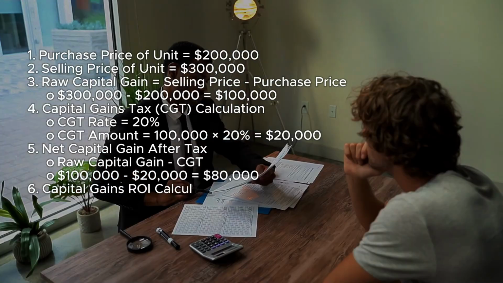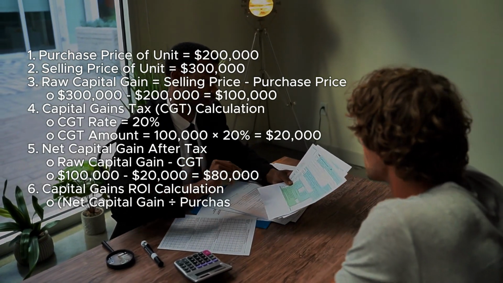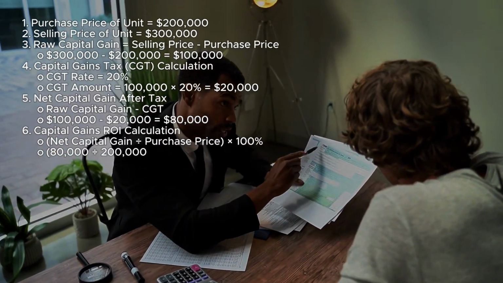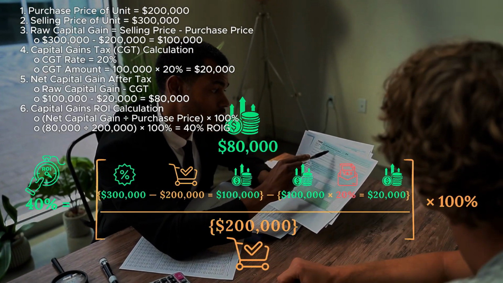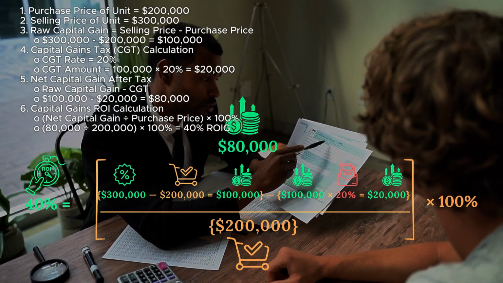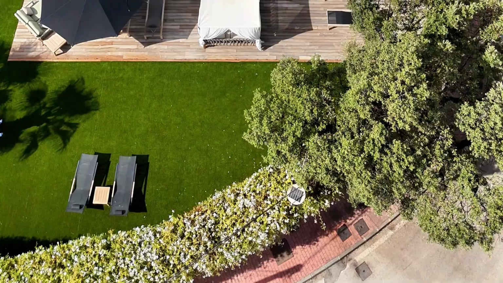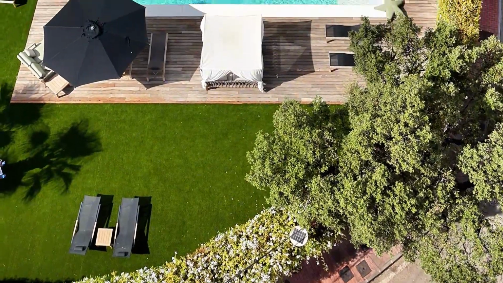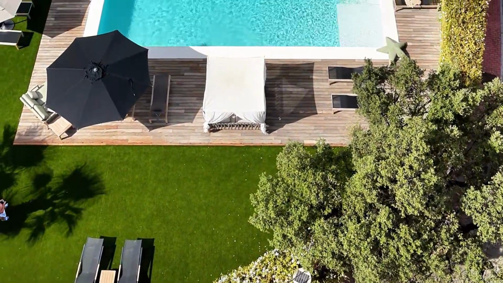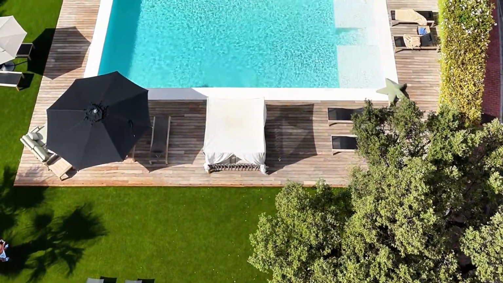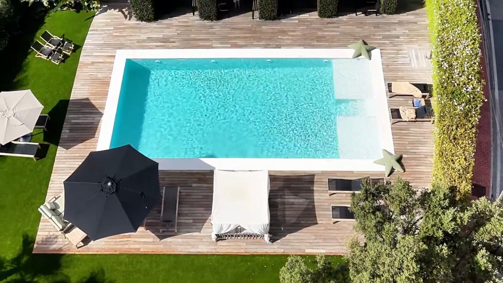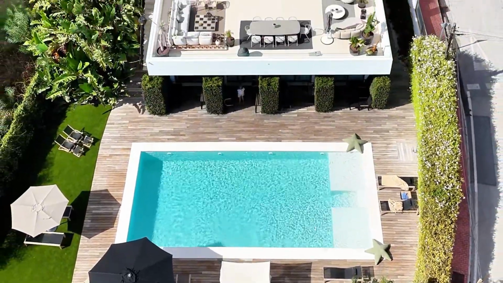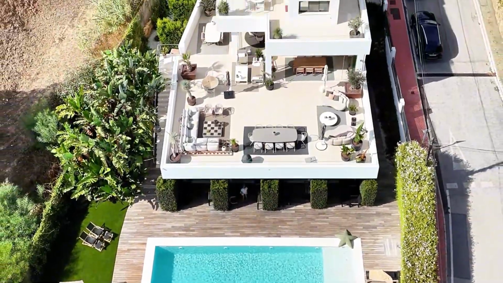In this case, your adjusted capital gains ROI is calculated as $80,000 divided by $200,000 multiplied by 100%, which comes to 40%. Also, if you're operating a furnished rental, the cost of quality furnishings, while a capital expense, depreciates over time and must be included in your overall calculations, unlike if you're simply buying a home for personal use.